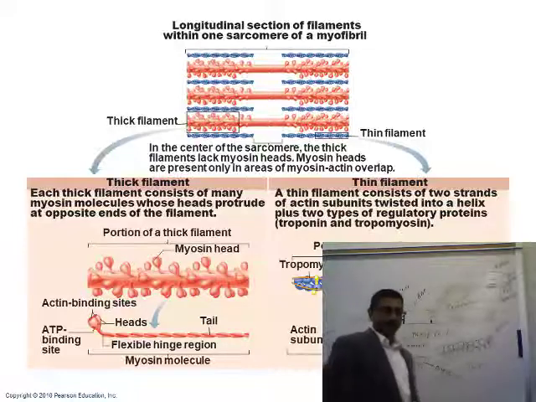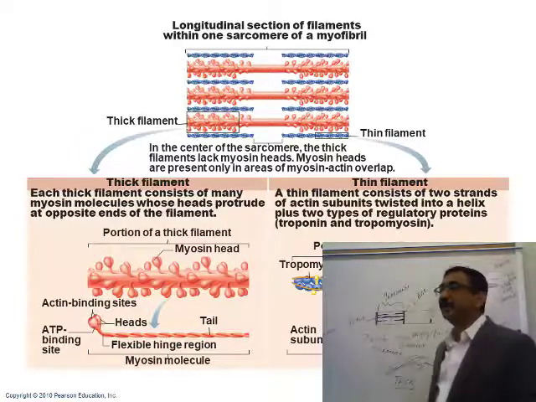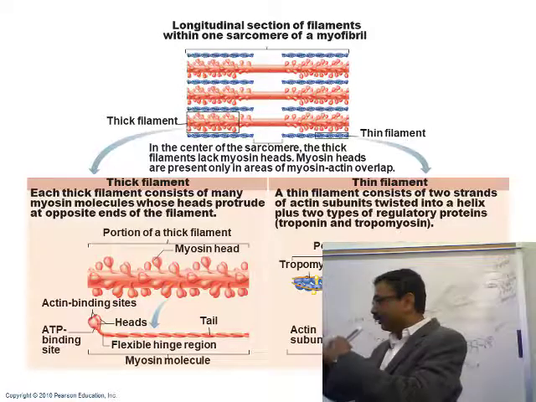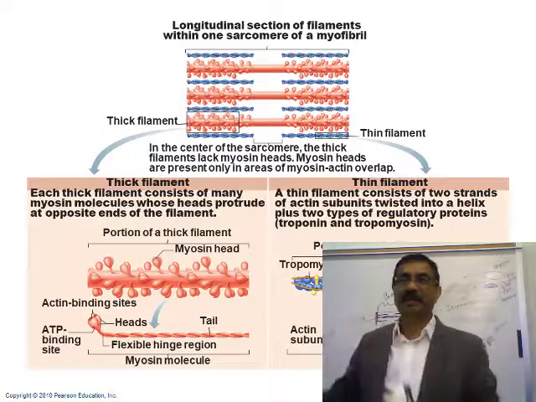So, tropomyosin is a rope-like protein structure that keeps the actin and myosin what? Separated. So they cannot get attached.